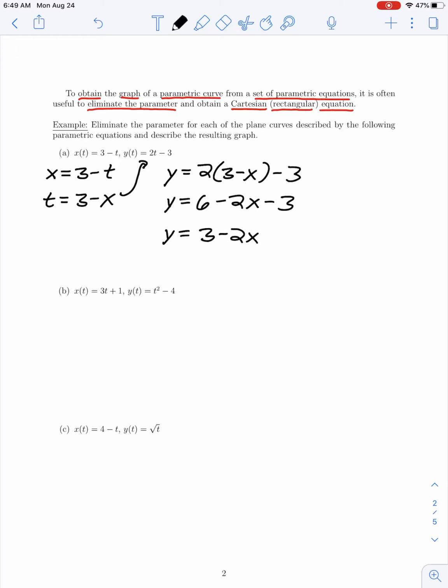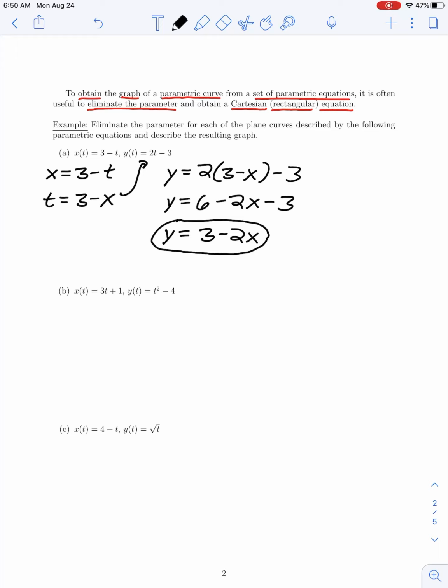So what we're left with is an equation involving only the variables x and y. So we have eliminated the parameter t. And what we're left with is a Cartesian equation, or a rectangular equation, which we recognize as a linear function.